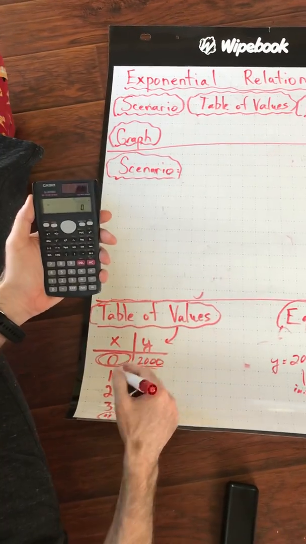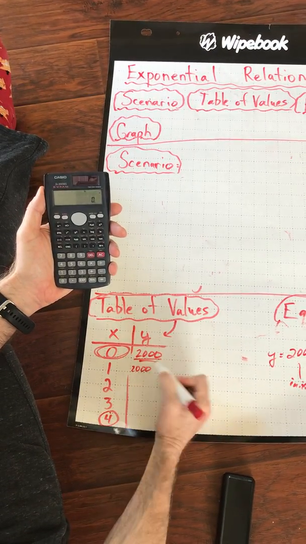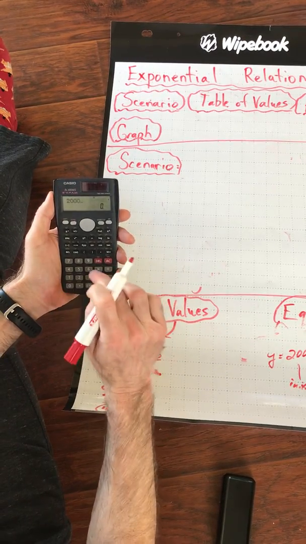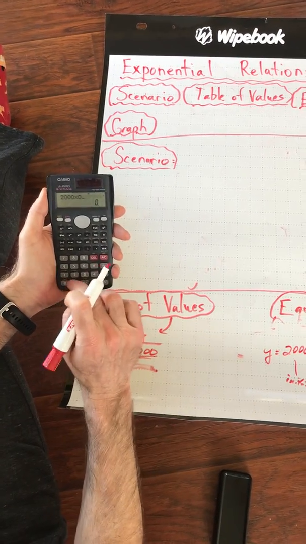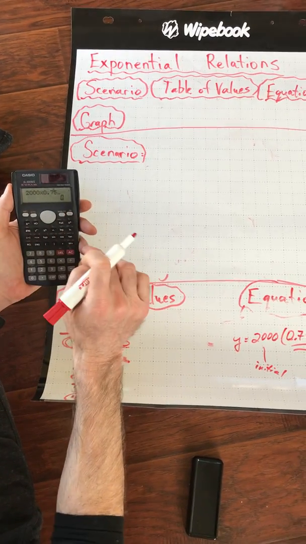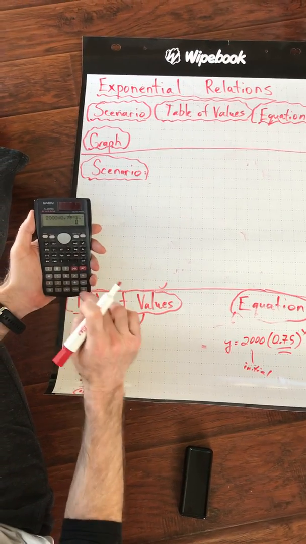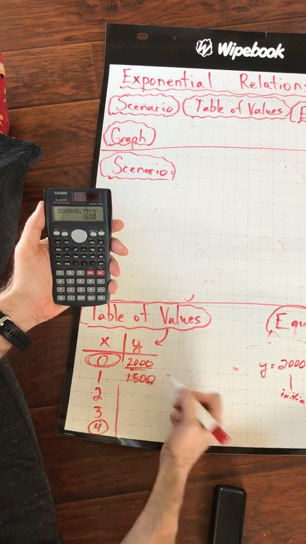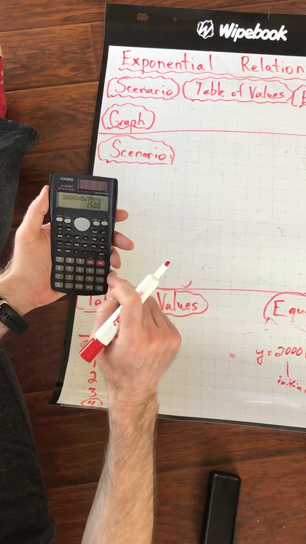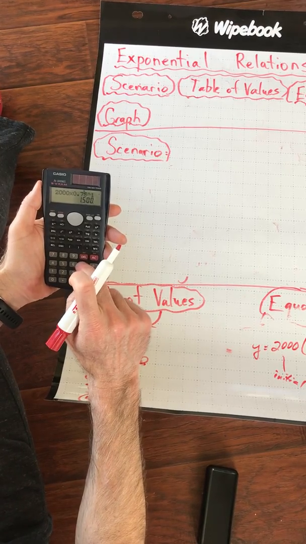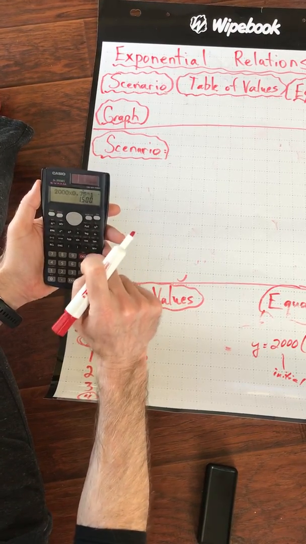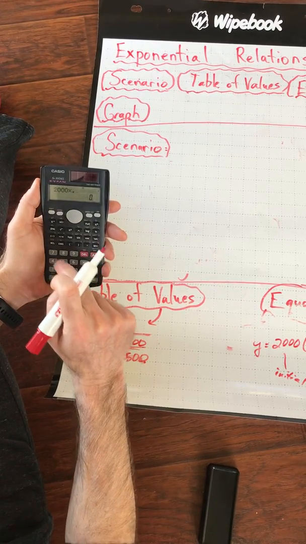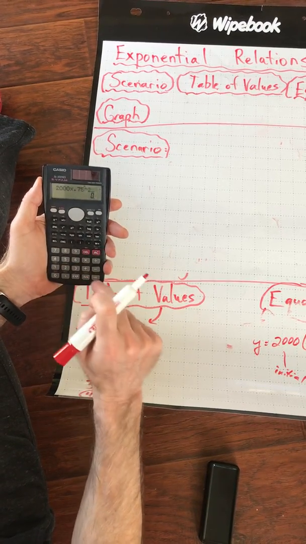All right, now I'm going to put in 2,000 times 0.75 to the power of 1. Oh, now we have 1,500. 75% of 2,000 is 1,500. Now we're going to do 2,000 times 0.75 to the power of 2.